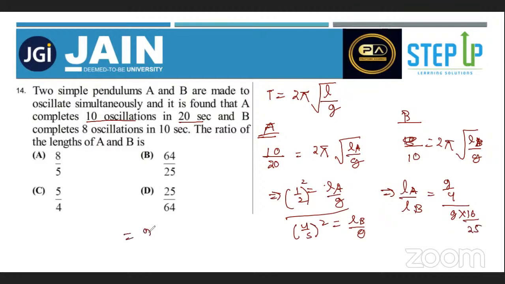So I'm writing this as G by 4 into 25 upon G times 16. So this and this get cancelled, and G and G get cancelled. So I'm getting the answer as 25 by 64.